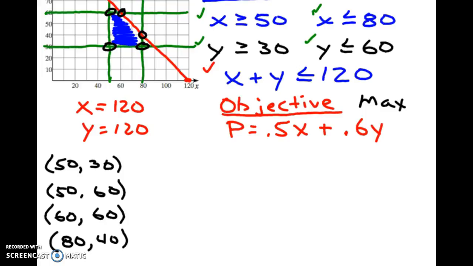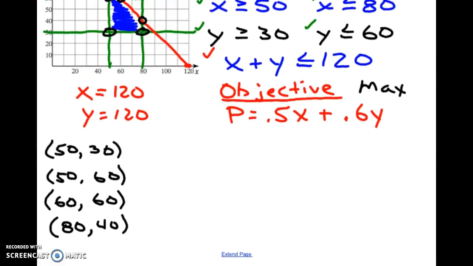And for the bottom corner, x value is 80, y value is 30. Now it's up to you. You can probably eliminate a couple of these since we're maximizing, but I'm going to write them all out just to be on the safe side. So we're going to put them in.